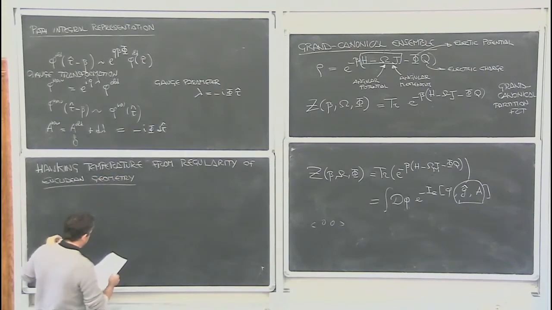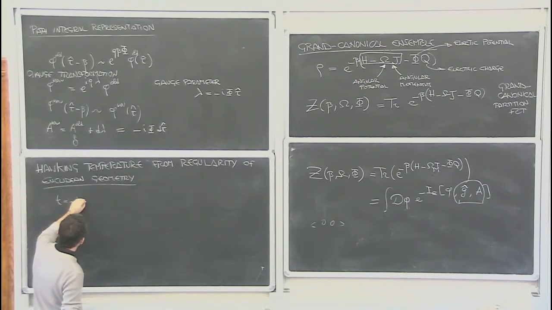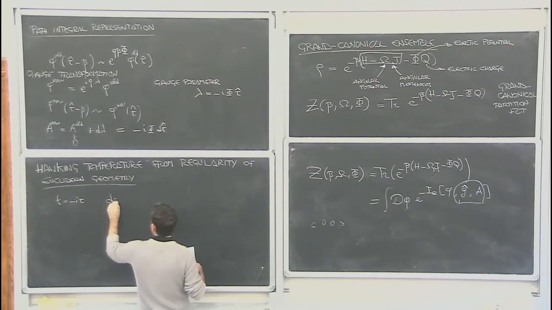The Schwarzschild metric, after I do t equal minus i times tau, is the following.